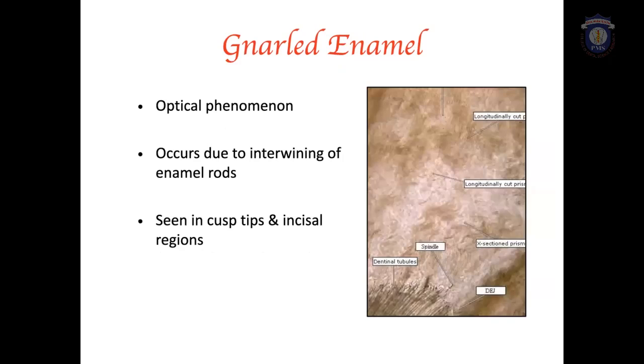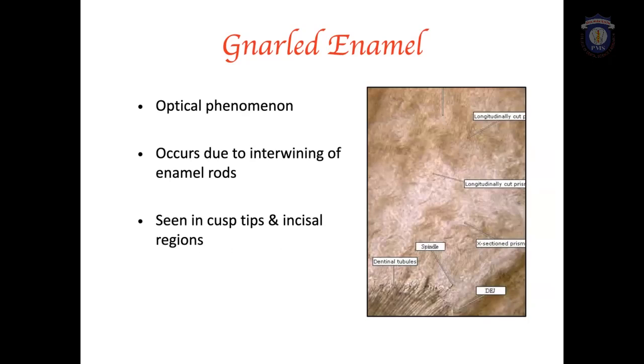Okay. Now, another ultramicroscopic structure, or it is also considered an optical phenomenon that is visible to our eye, is called gnarled enamel. Gnarled enamel is especially seen in the incisal edges or the cuspal tips, where the millions of enamel rods converge to one point and coalesce together.